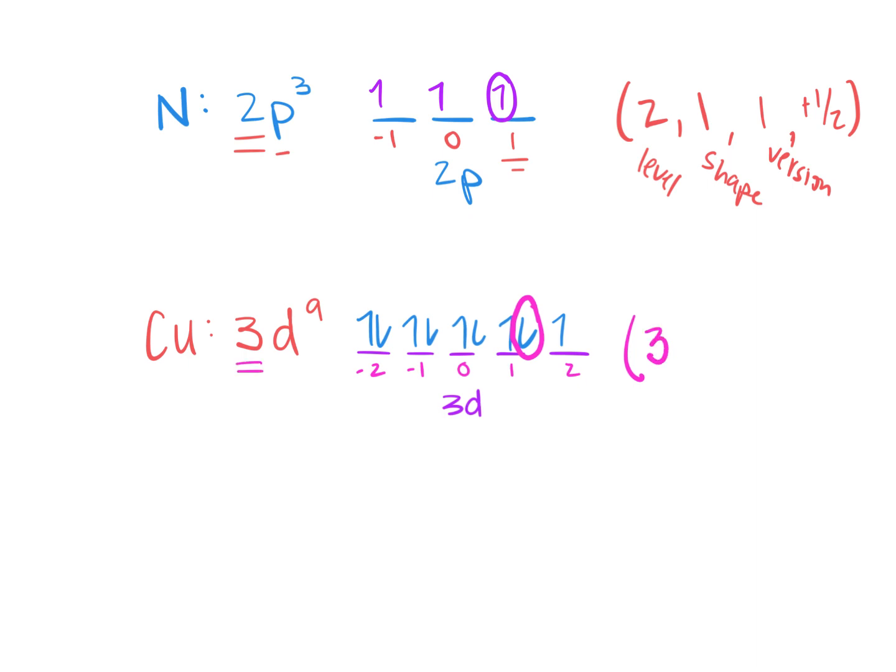So 3. Then it's a D shape. S, P, D. 2. Which version does it happen to fall on? 0. Not 0. I think 1, right? And is it the first one to go in or the second one to go in? Second. Or is it pointing up or pointing down? It's pointing down, which means we are -1/2.